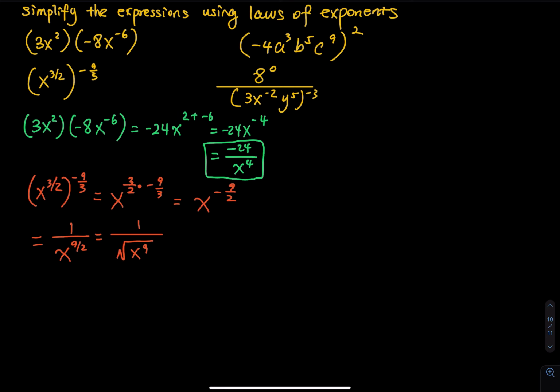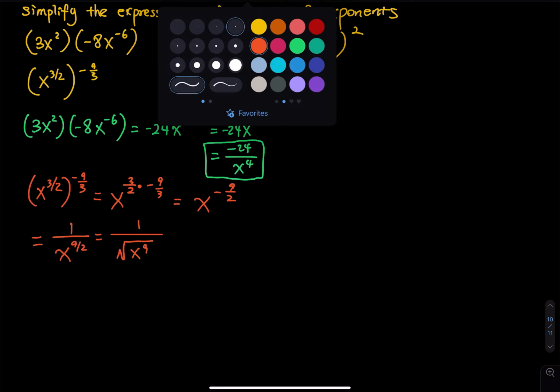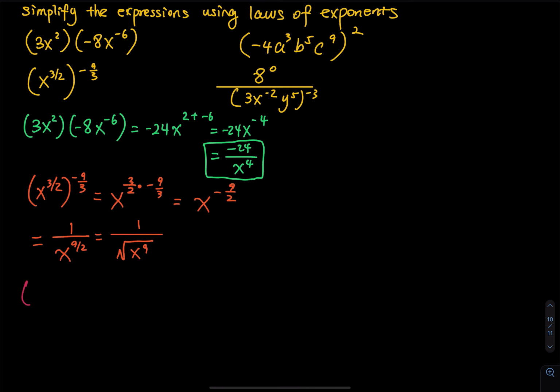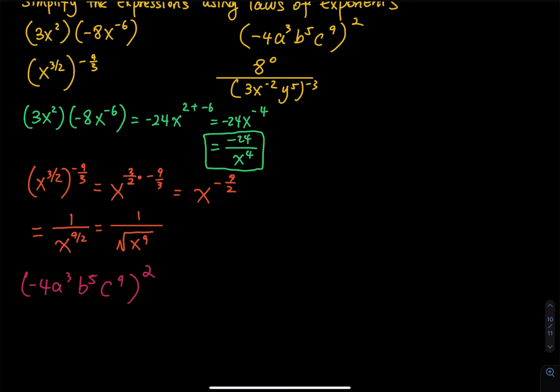All right, the next one, we have negative 4 times a to the 3rd, b to the 5th, and then c to the 9, and then we raise the whole thing to the second power. So first of all, you have to distribute the second power to every single term inside the big parentheses.